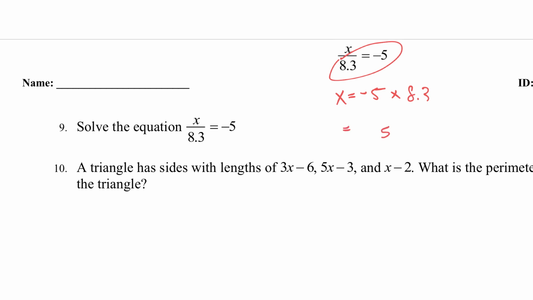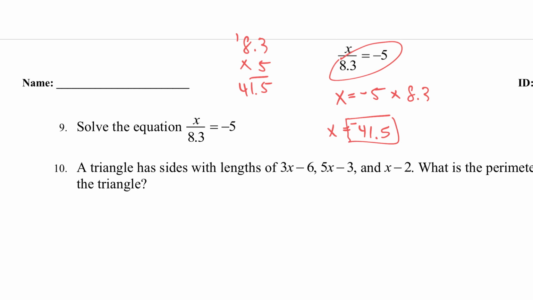That's 41.5, and negative. I have a negative times a positive is a negative. I'm just going to check again. 8.3 times 5 is 41.5. Yes. So x is going to be negative 41.5.